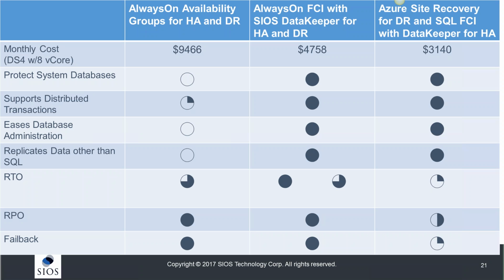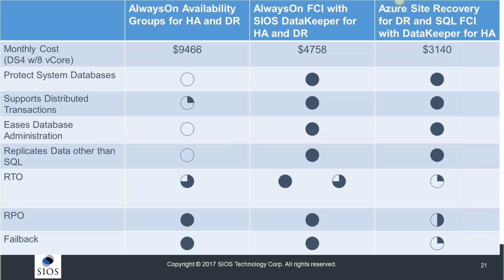We talked a lot about the recovery time objective. With the AlwaysOn Availability Groups, once you push the button, it's very quick. It's going to come online, but you have to be there to push that button for disaster recovery. With the Datakeeper multi-site configuration, if you enable automatic failover, it's very fast and will respond automatically, or you can disable it and it's going to have a similar recovery time objective in that manual push-button configuration as well.